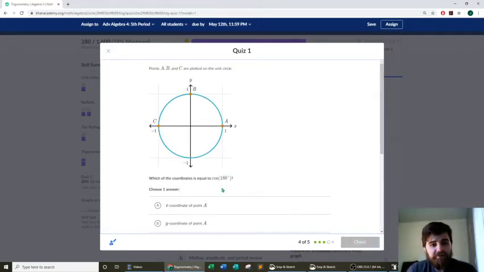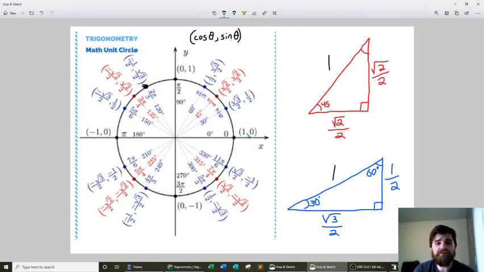Okay, so this next type of question, it says, which of the coordinates is equal to cosine of 180 degrees? Okay, so 180 degrees is the same thing as pi radians, and it means we're looking on the left direction. So again, I'll pull up my unit circle here. It said we're looking at 180 degrees. So that's straight back here in the negative x direction.